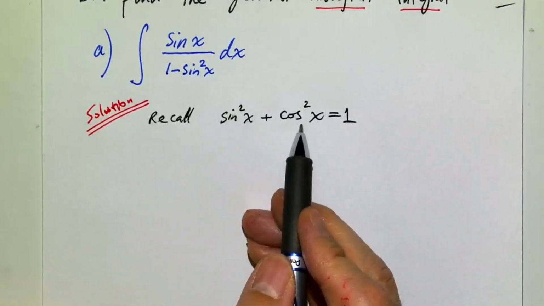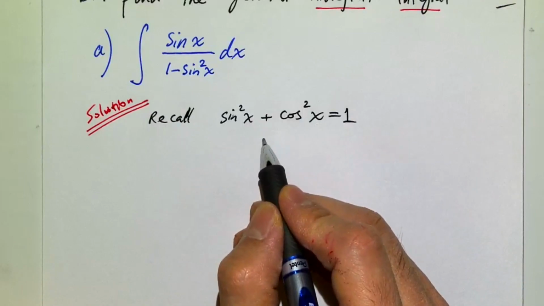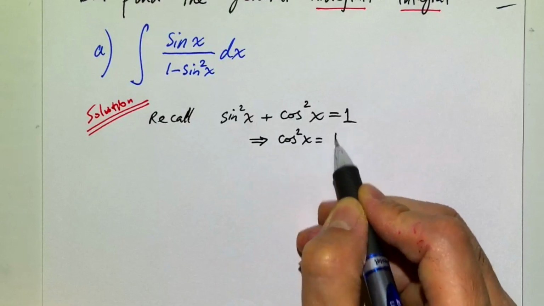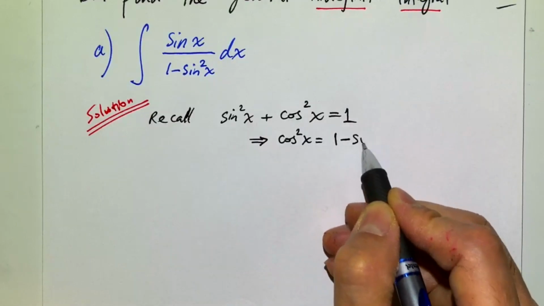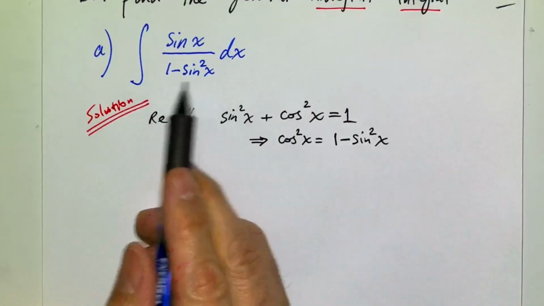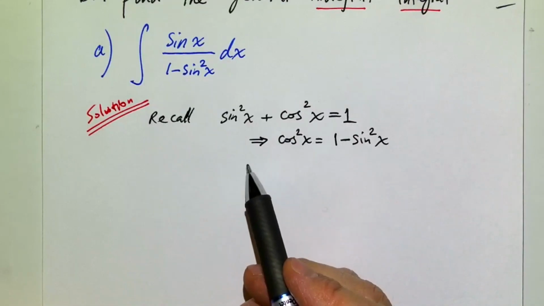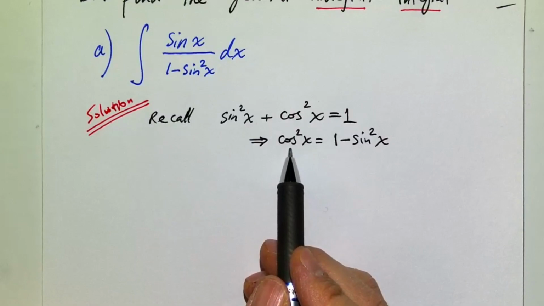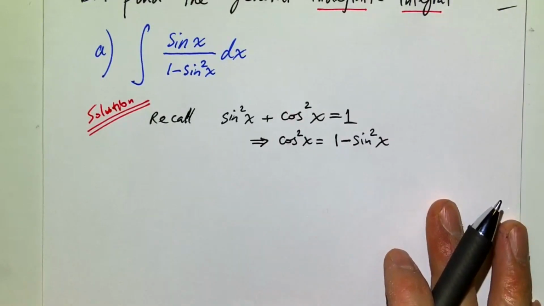Therefore, cosine squared x is equal to 1 minus sine squared x, right? So let's replace 1 minus sine squared x with its equivalent, which is cosine squared x.